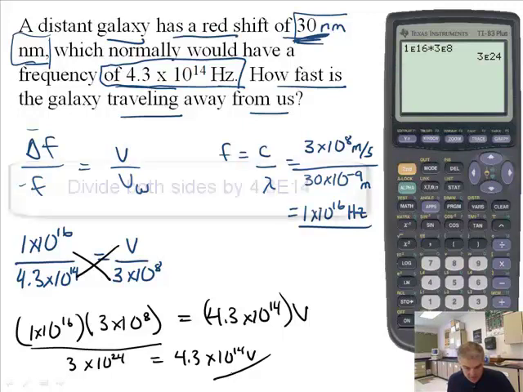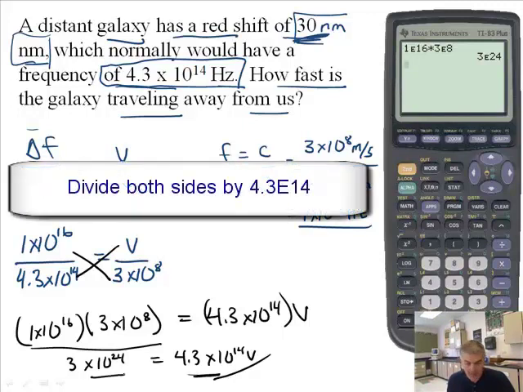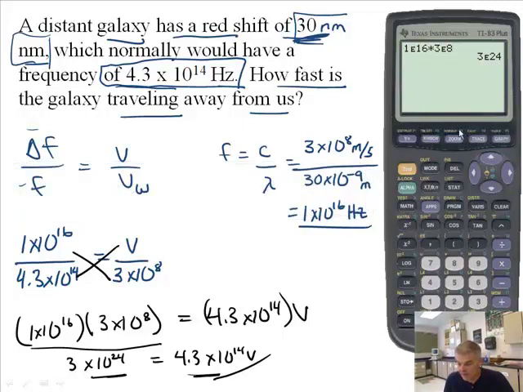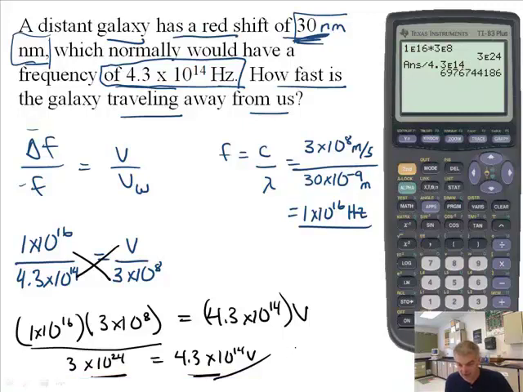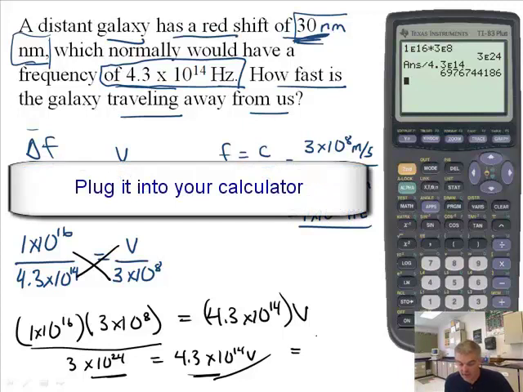Now I'm running out of space here, but you divide both sides by this 4.3 number right here. And so I'm going to take that 3 number, which is right over here on my calculator, and I'm going to divide that by 4.3 second function E 14 equals. And I get a really big number, which doesn't totally surprise me because this is how fast a galaxy is moving away from us.